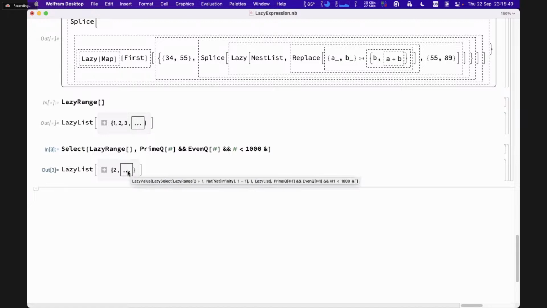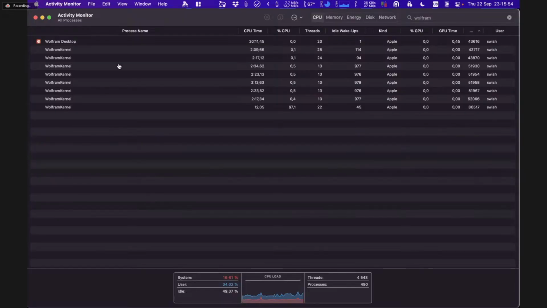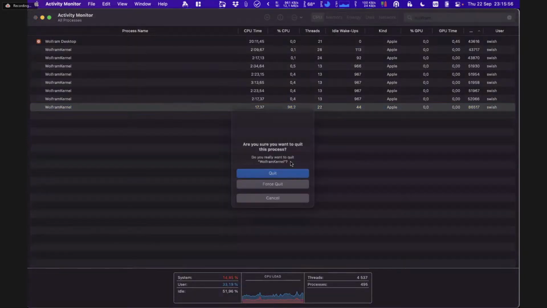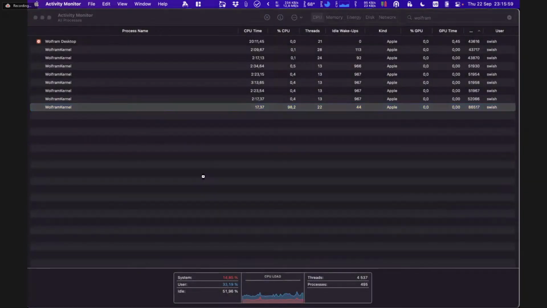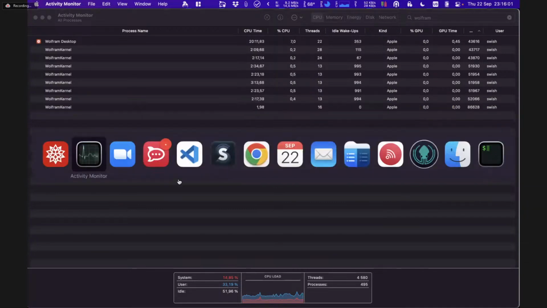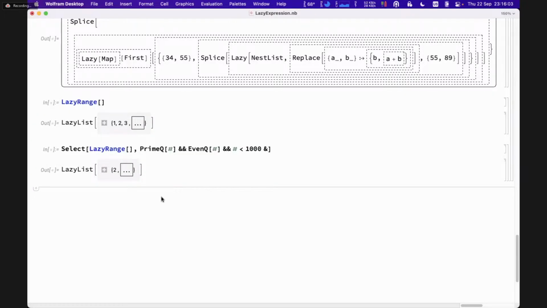Keep pressing it. I'm not sure about that. It still can't resolve, because it doesn't know what's going to be in the lazy range. So we have to go to a meta level to deal with this. That is, we have to go out to the operating system and kill the process.